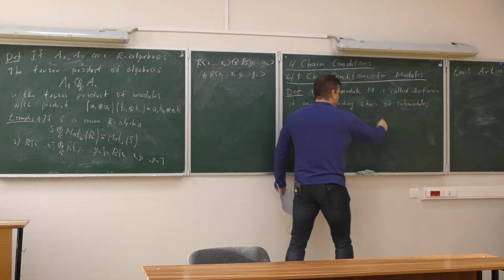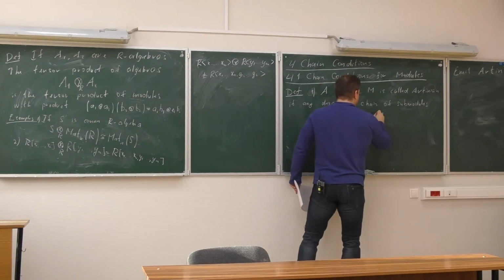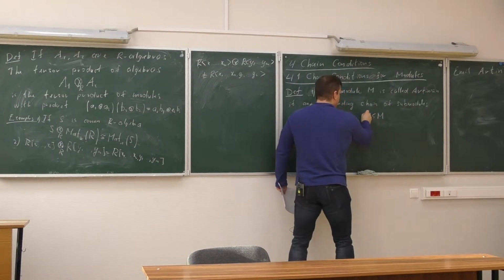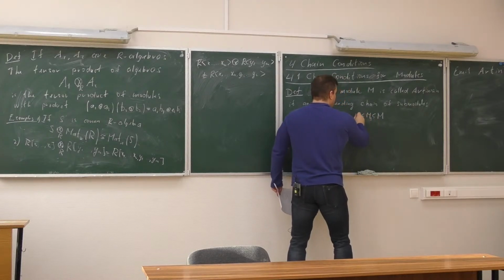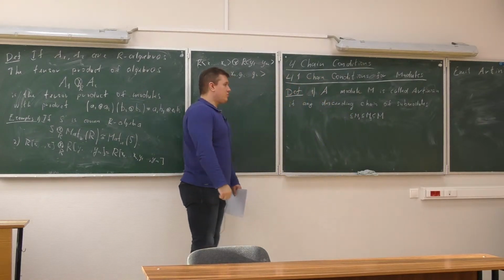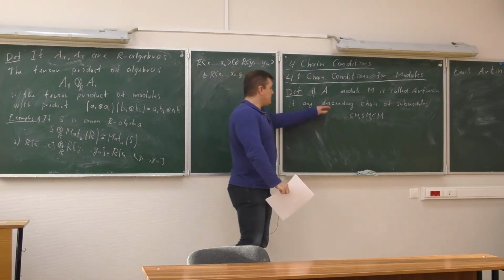so meaning the following: you start with a module and inside module you choose a submodule, say M0, then inside M0 you choose another submodule M1, etc. You just continue to choose smaller and smaller modules, and this is why it is called descending.